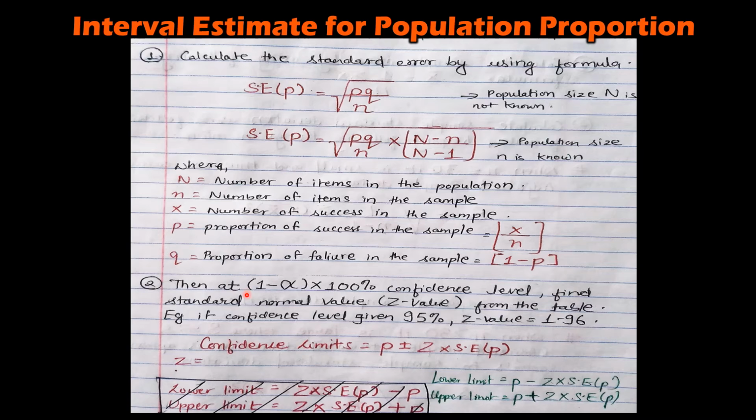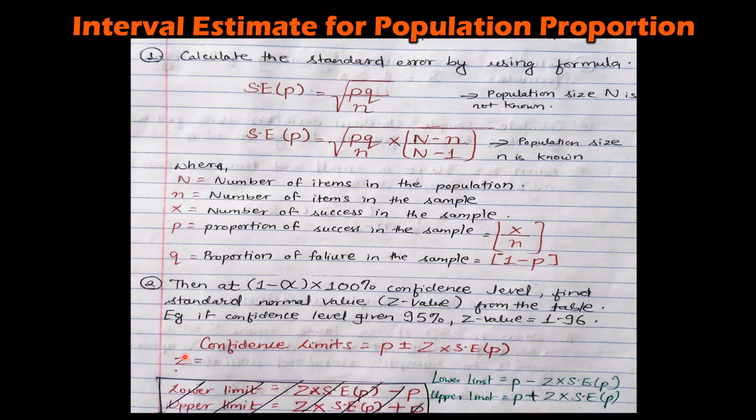Then at (1 minus alpha) into 100% confidence level, we find the standard normal value, Z value, from the table. For example, if the confidence level is given as 95, the Z value is equal to 1.96.